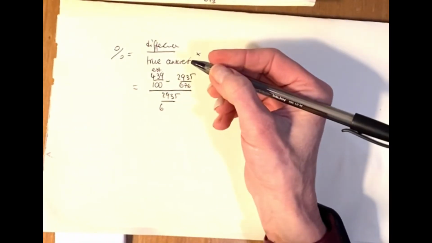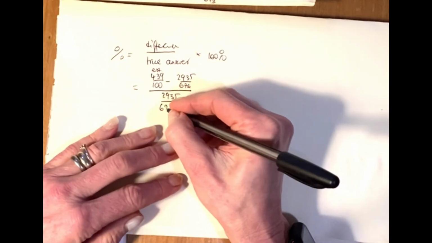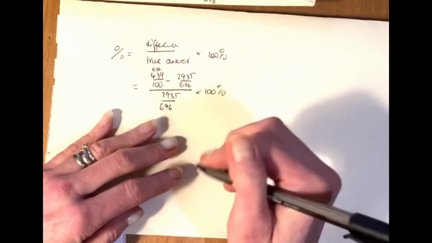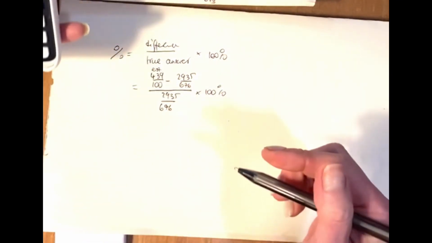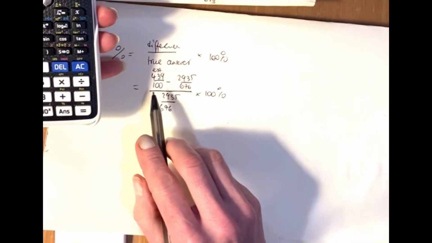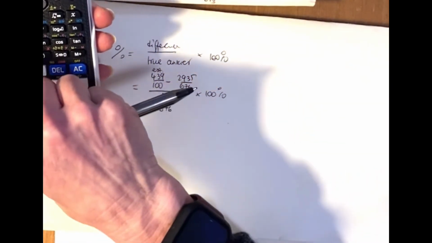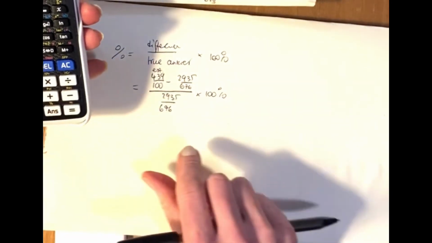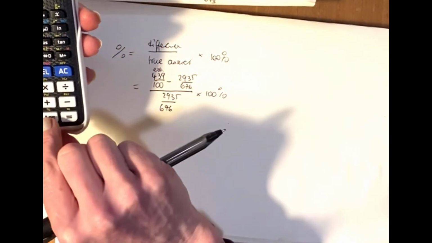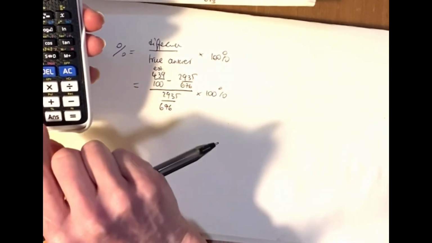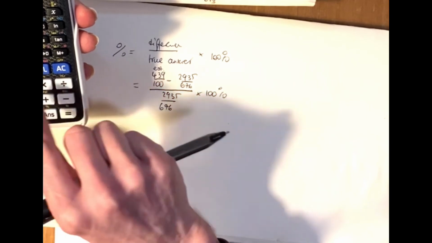So the estimate represents an overestimate, but they are not asking us to look at that. We just need to find the percentage difference. So we are going to do 4.39 minus this one, which is stored as my answer in the calculator, over the answer. That will give me a decimal.